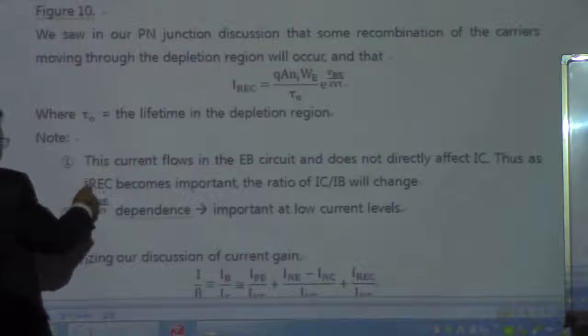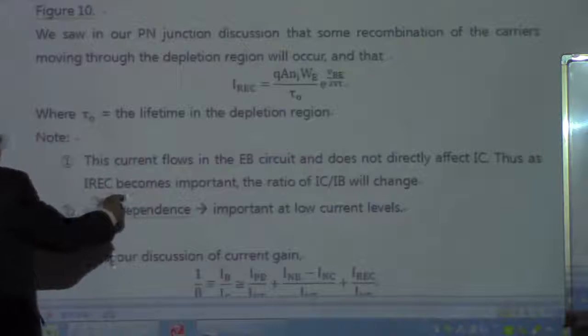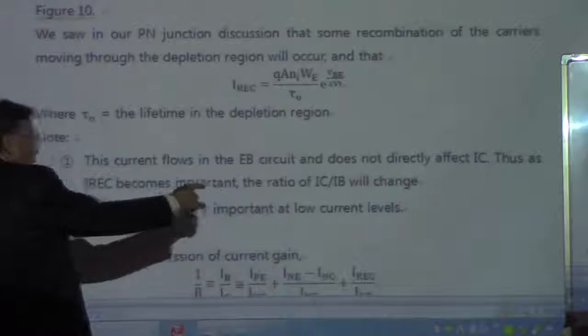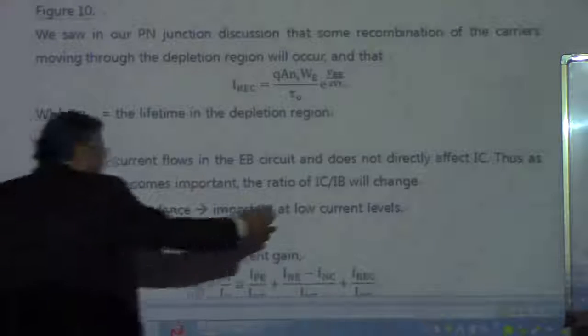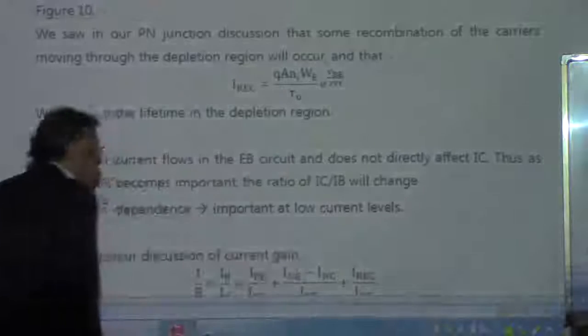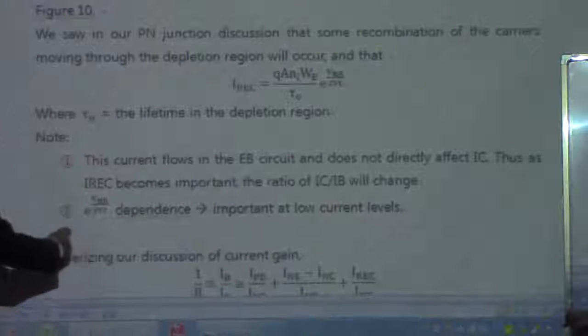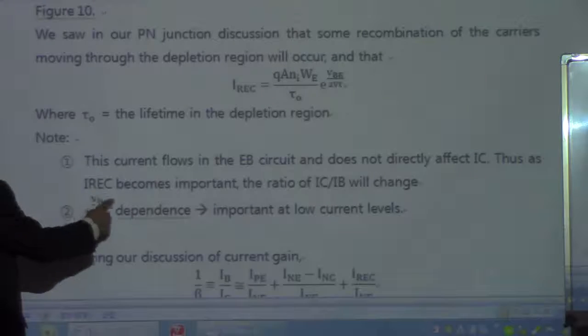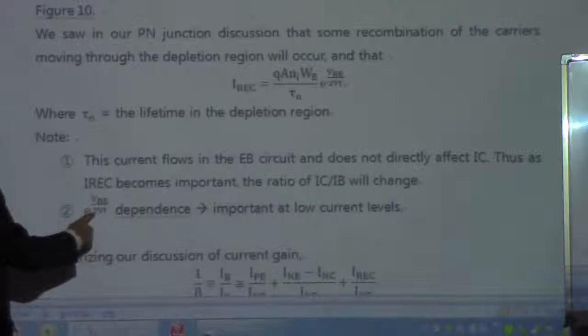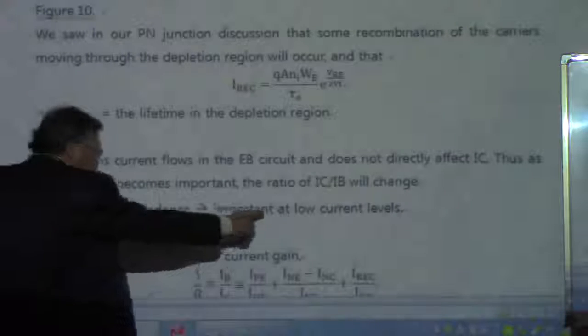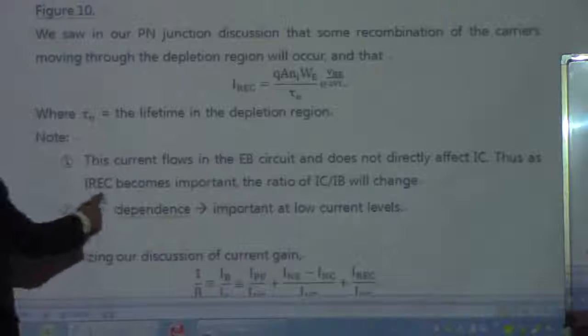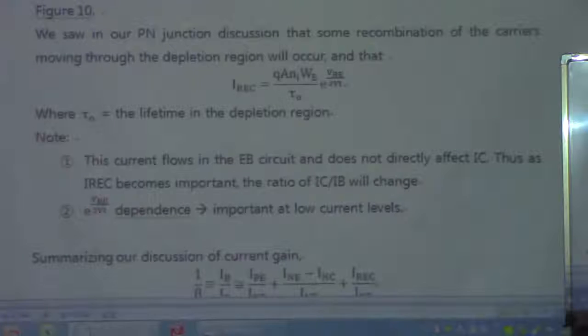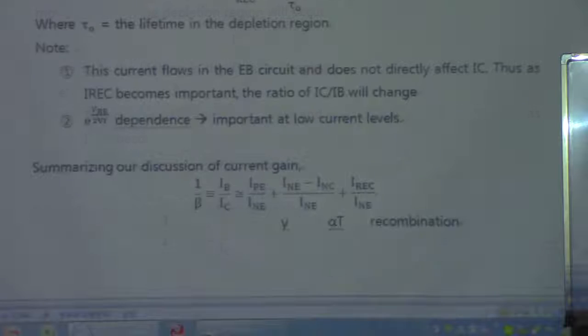Thus, as the recombination current becomes important, the ratio of base current and collector current will change, and the dependence here is important at low-level voltages. So that is the equation corresponding to that.